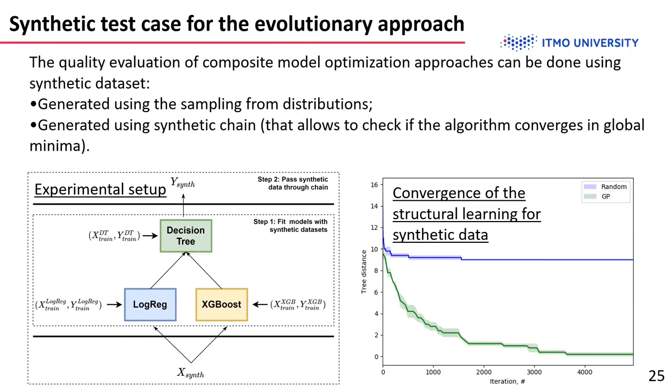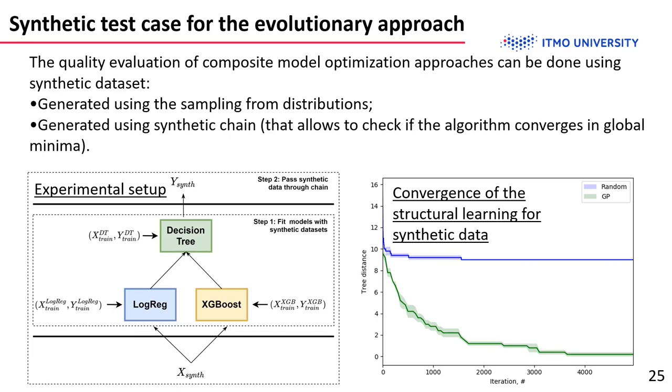First of all, we ran the experiments using several synthetic data sets, and it's a really interesting situation, since it's necessary to have not only data, for example for classification, but also the reference chain that is globally optimal for this data.